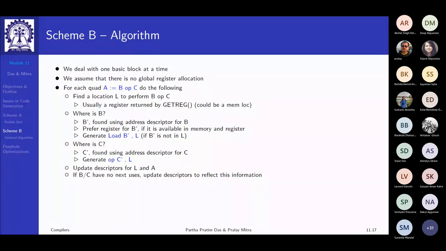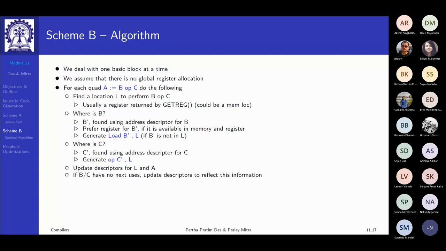Now it will have to carry A, and A will now be available in L. So the address descriptor of A will be updated with L. Now, if B or C have no next use, then the descriptors will be updated to reflect this information.